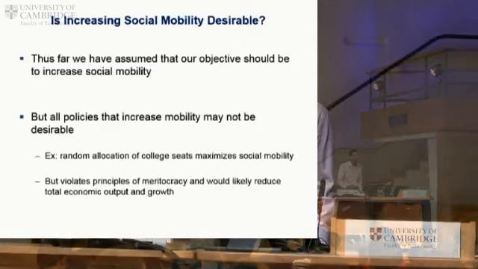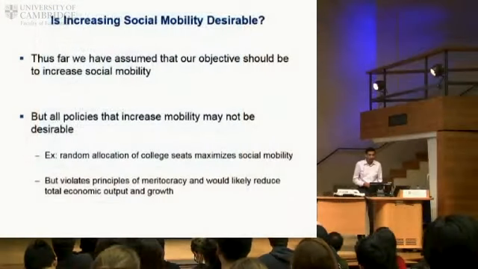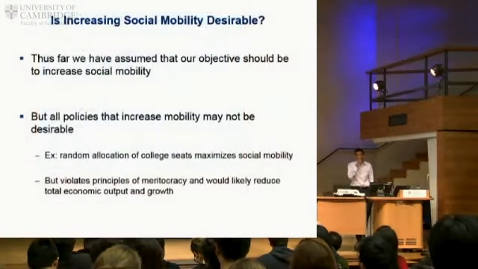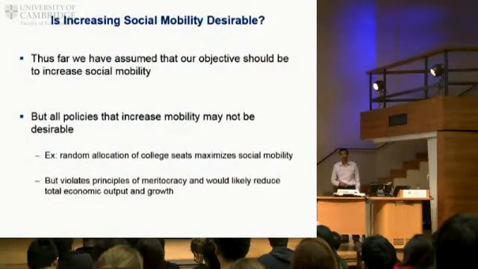So until now, we've basically taken for granted that our objective should be to increase social mobility, whether through housing voucher policies or education policies, et cetera. But it's not clear that all policies that increase mobility are desirable. So for example, one way to increase social mobility, to actually in some ways achieve perfect social mobility, in the context of education, would be to randomly assign seats at college.